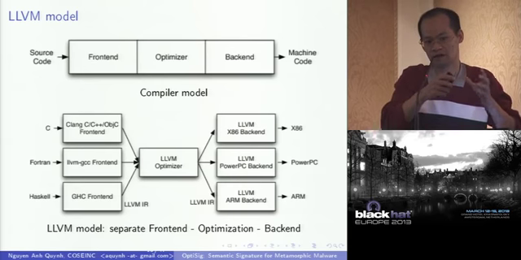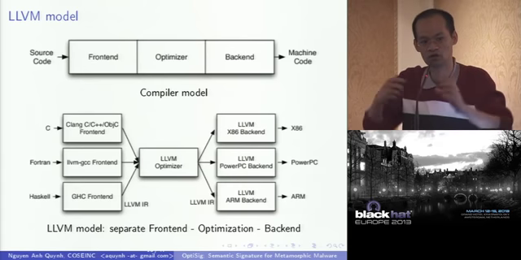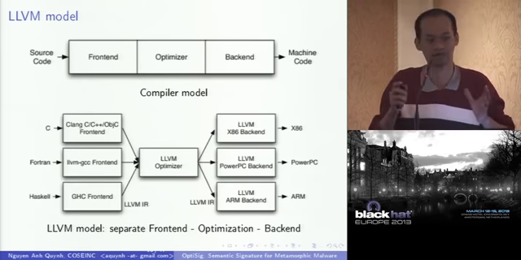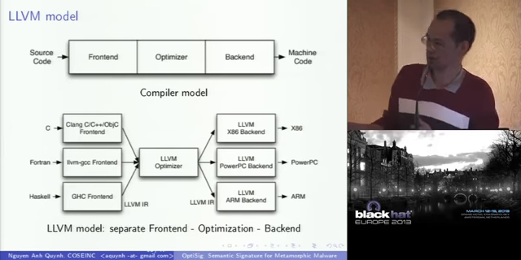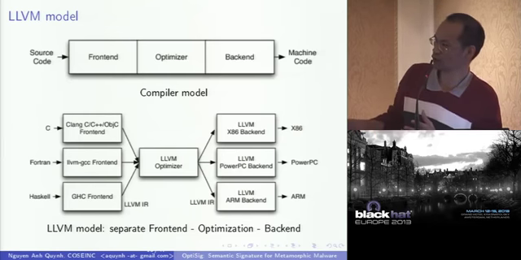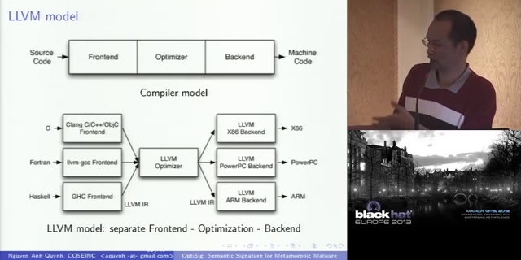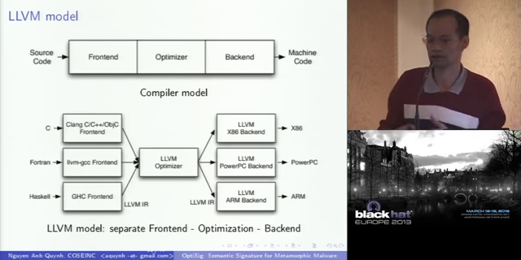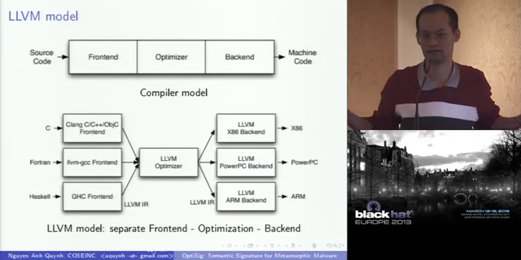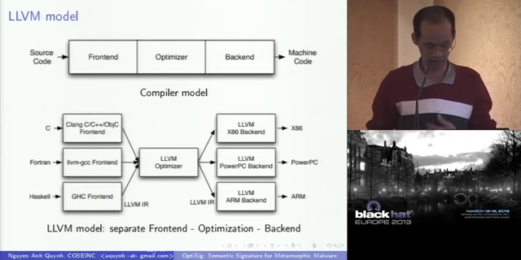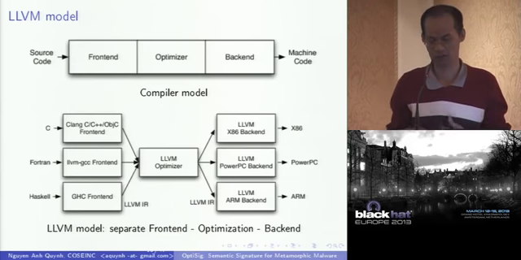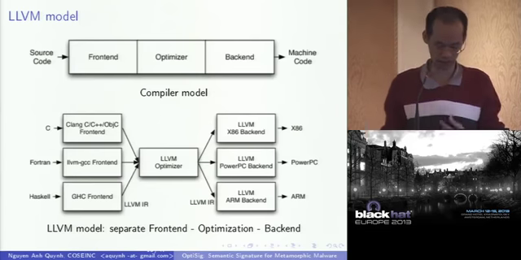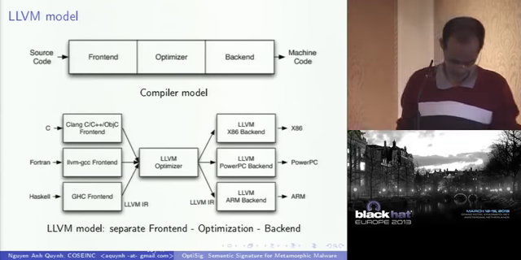You translate your programming language to the LLVM IR, and that's it. You don't need to do anything else, because after that you can reuse the optimizer and the backend already available. What you need to do is just write your front end. Very easy, and that makes compiler programming much easier than before.